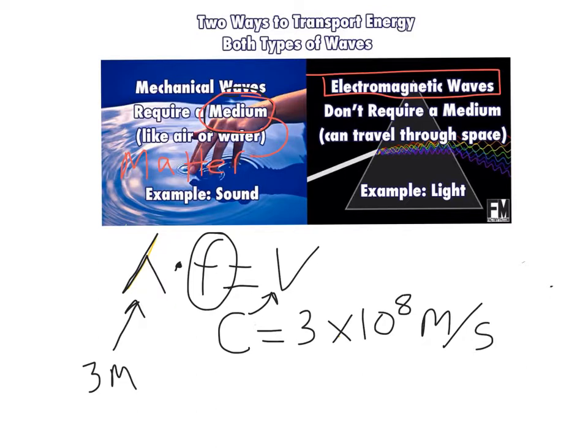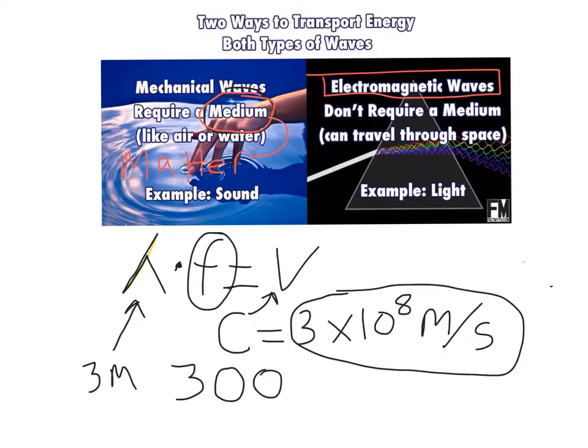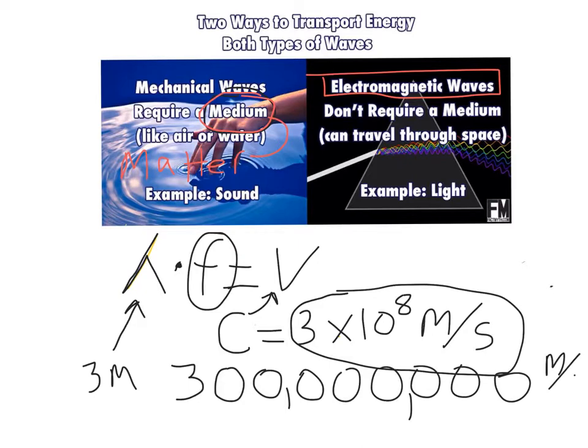By the way, what is this number? Can anybody figure it out? The times 10 to the 8th means that's how many zeros we add after the 3. So that is 1, 2, 3, 4, 5, 6, 7, 8. So that is 300 million meters per second.